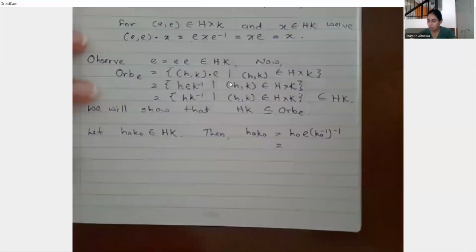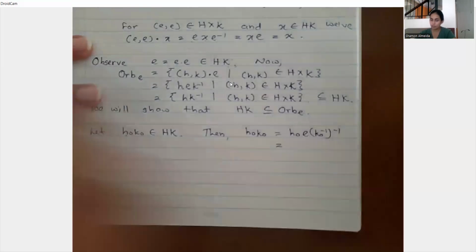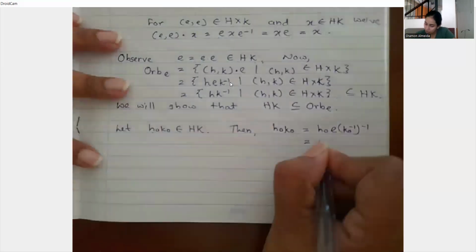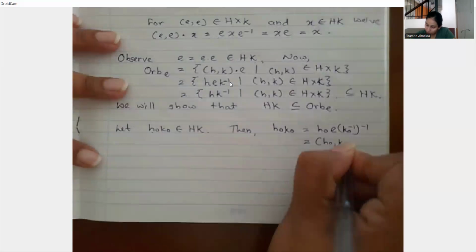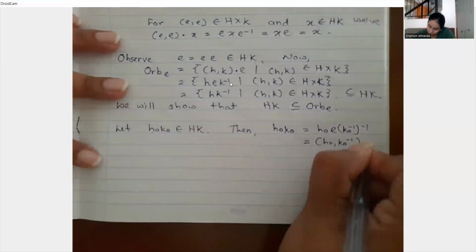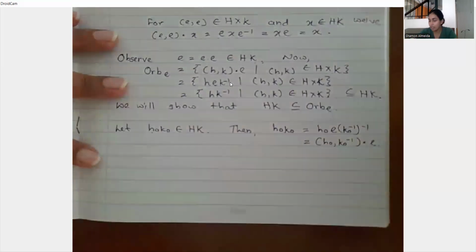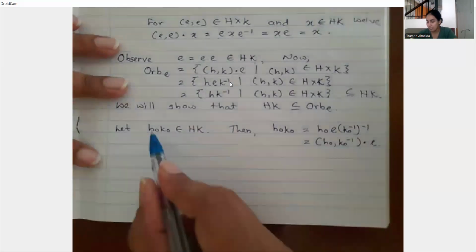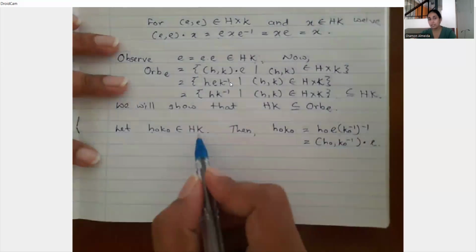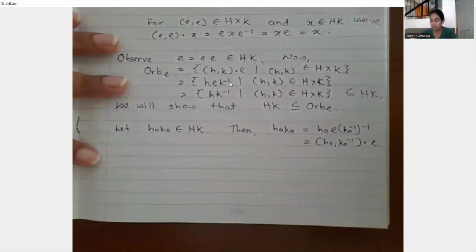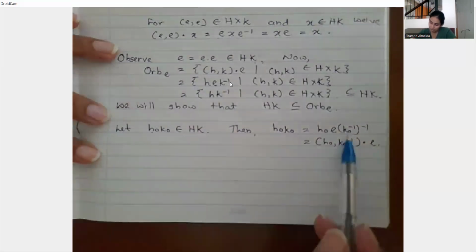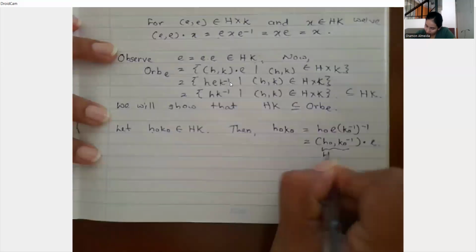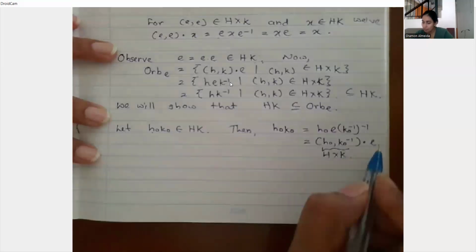So what we've done over here, if you go back to the definition of a group action, is taken the group action of H naught, K naught inverse with the identity, right? Because K naught is an element in K, a subgroup of G, its inverse is also an element in K. Now we see that this element is an element in H cross K, and we have taken the group action by the identity.